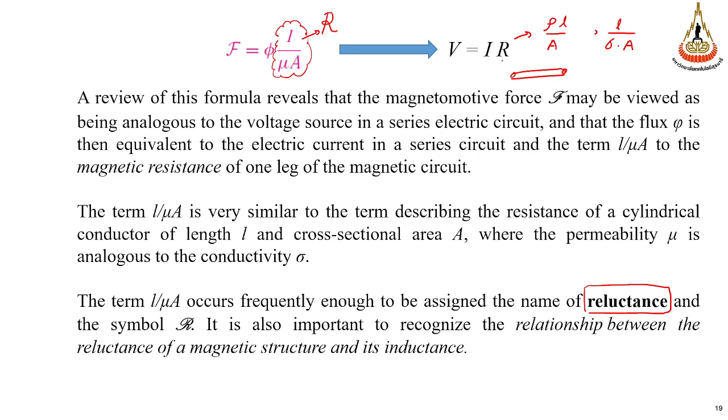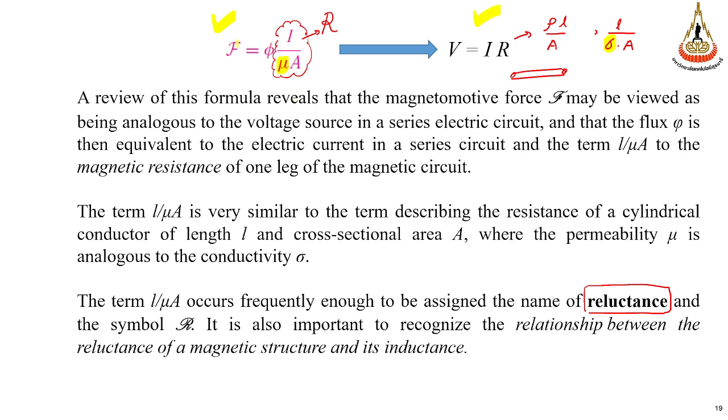For the resistance, when you calculate it, it depends on resistivity and conductivity, right? And similarly, L divided by mu A, where mu is similar to the conductivity of the magnetic circuit. This is for electricity, and this is for magnetic.